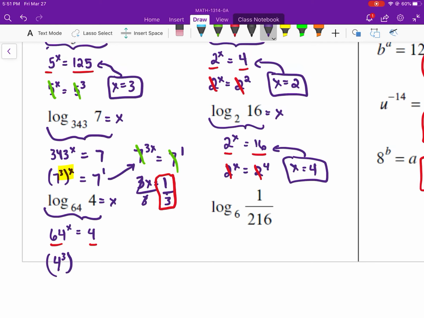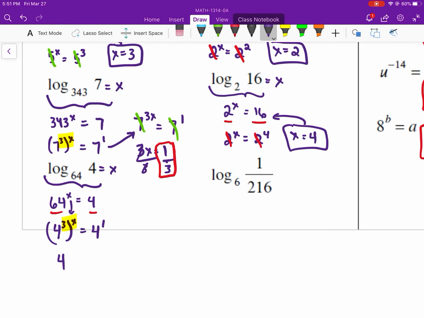That would be 4. 4 to the 3rd power. I'm going to double check that real quick. 4 to the 3rd power is in fact 64. Okay, don't forget to bring down that x. Equals 4. And what do I need to put there as an exponent? Could it be 0? Could it be 1? It would be 1.